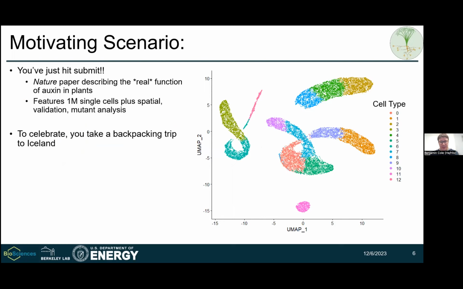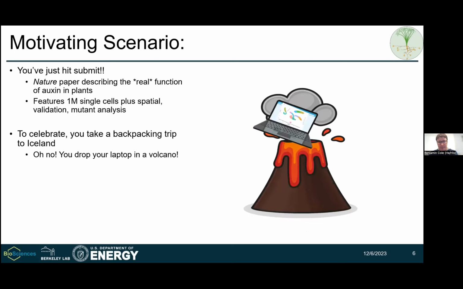You've hit submit, you sent this off to Nature, you finally figured out what auxin does in plants, which is this really big nebulous question. And you've produced this massive data set, and to celebrate, you take a backpacking trip to Iceland, but your laptop falls into a volcano, and all of the data that you have there is completely lost.